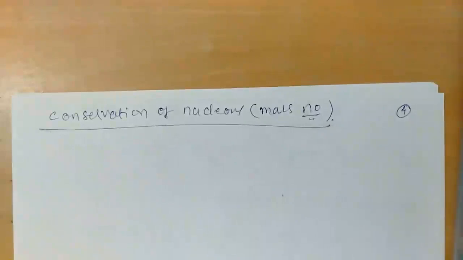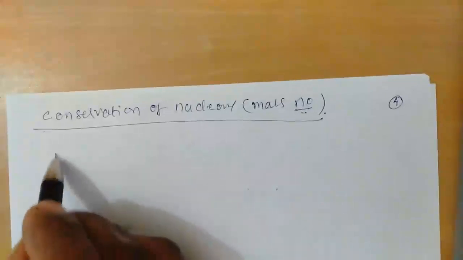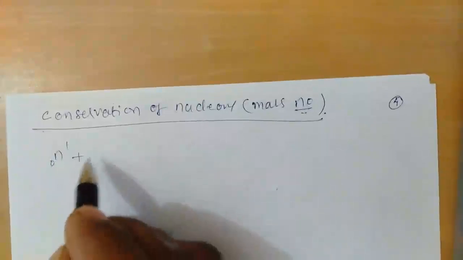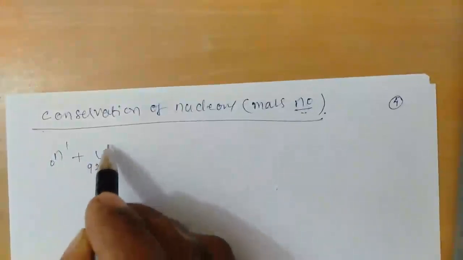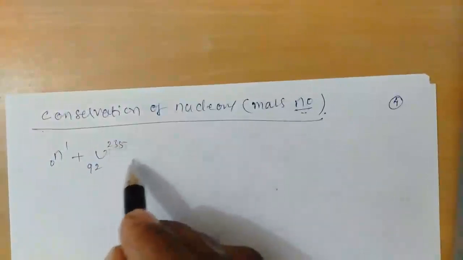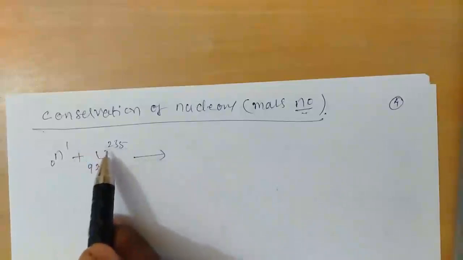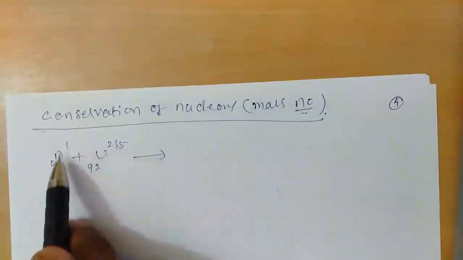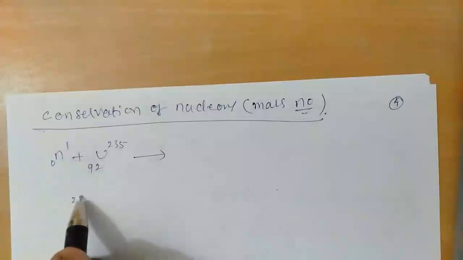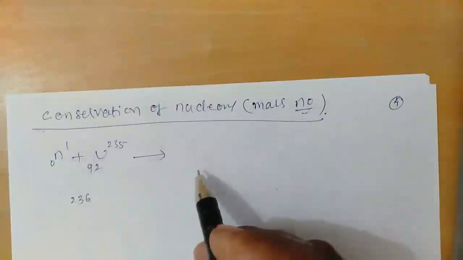So if you consider any nuclear reaction, let us take the same example. We have a projectile, the neutron, and uranium 92-235. If you count the mass number, in case of uranium it is 235, and for neutron it is 1. So the number of nucleons before the reaction is 236. Let us consider another possibility of this nuclear reaction.